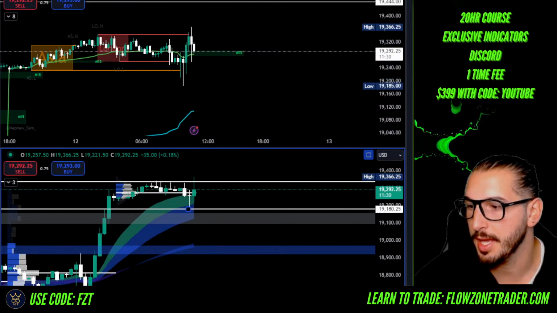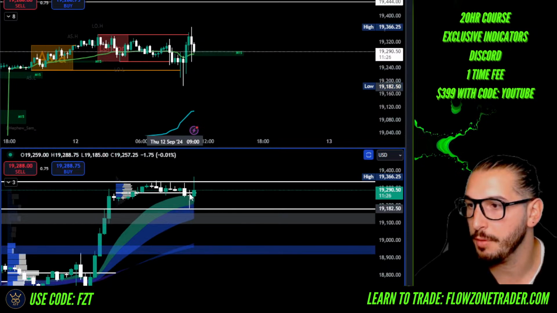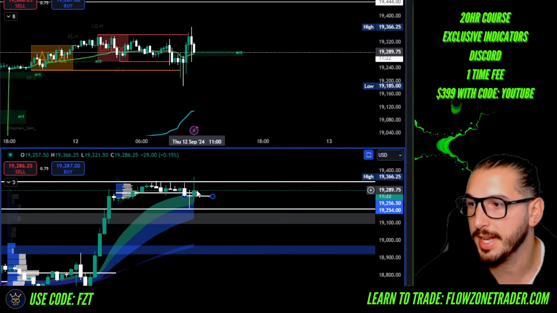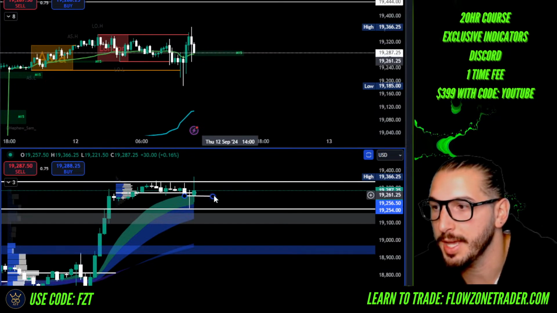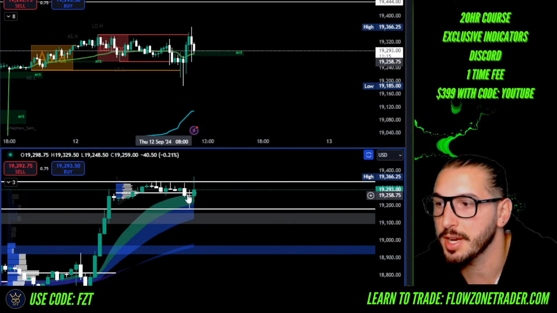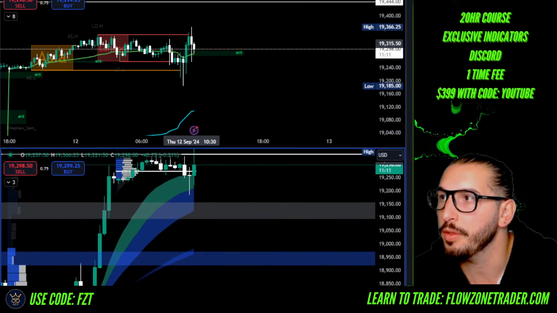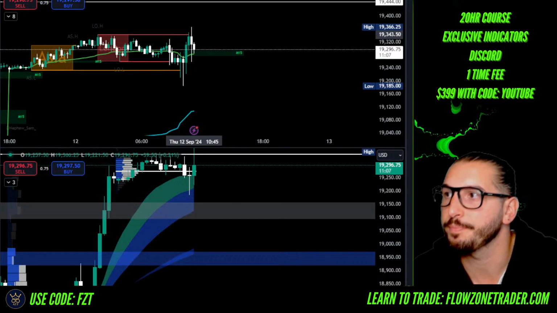This candle here flushed under halfway of this wick and reclaimed. So if we continue to reclaim and hold up here, you need to think about, where is pressure? Where is pressure? We are right now trading at POC. This is where all the volume has traded today, or most of the volume.